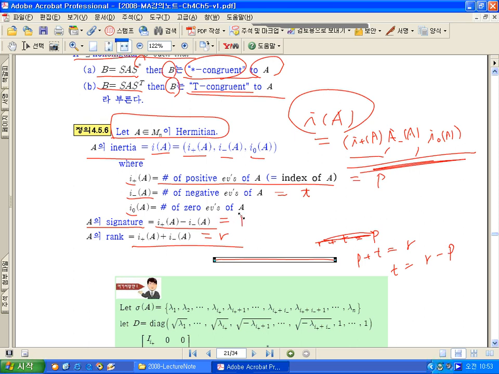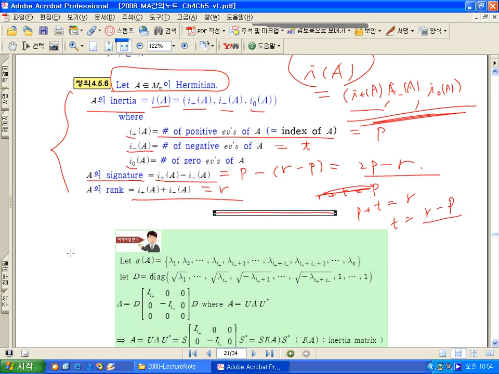This is P minus T, and T is R minus P, so it is 2P minus R. So it has some relationship like this. Anyway, you just remember, inertia is this.